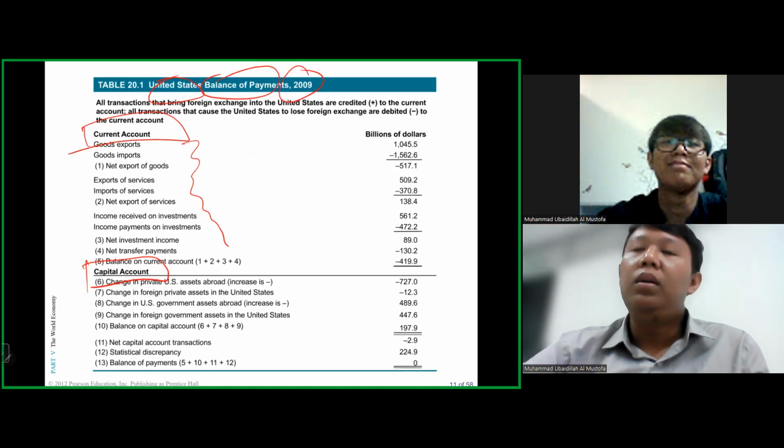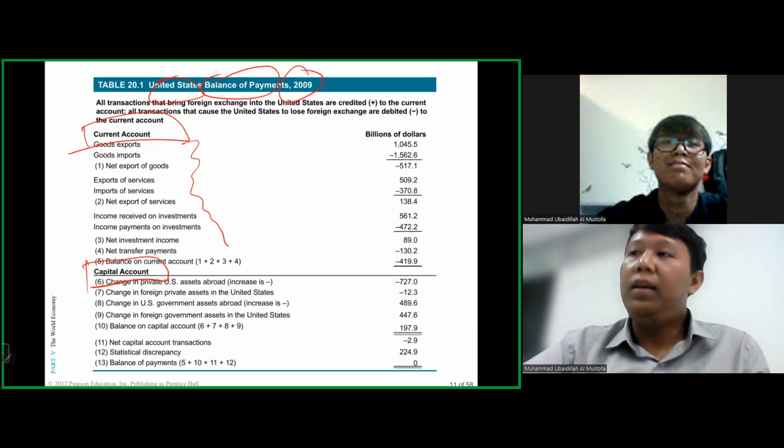So you may find some differences between the balance of payment of the United States and the balance of payment of other countries. Each country has their own style, their own standard, their own measurement of balance of payment.